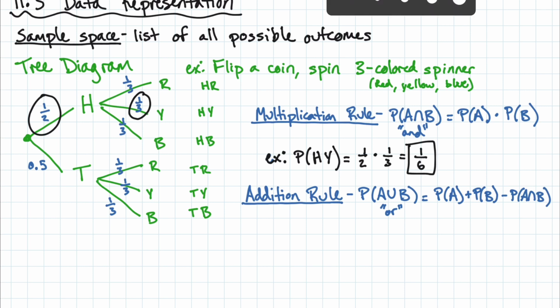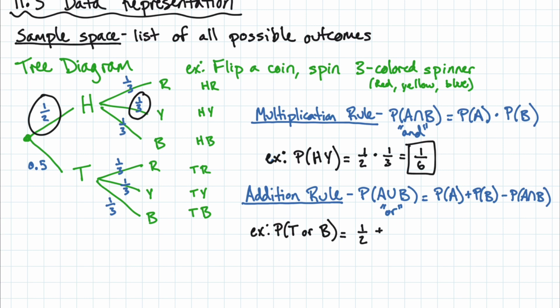So, for example, if I want the probability of tails or getting blue, well, tails I know is half, blue is 1/3, but I have to subtract the probability of getting tails and blue.